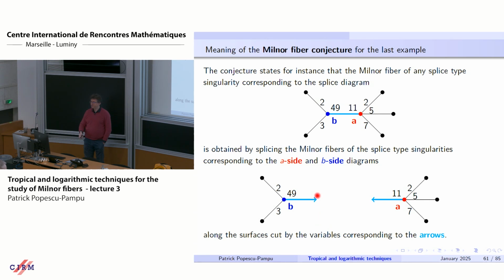The fact that it is an arrow tells that we have to cut the singularity by the hyperplane corresponding to the z coordinate, z equals 0. So in this way, we get a surface inside the Milnor fibers of each singularity, a surface corresponding to this variable and a surface corresponding to this variable.